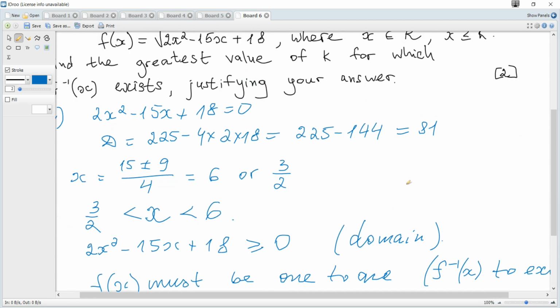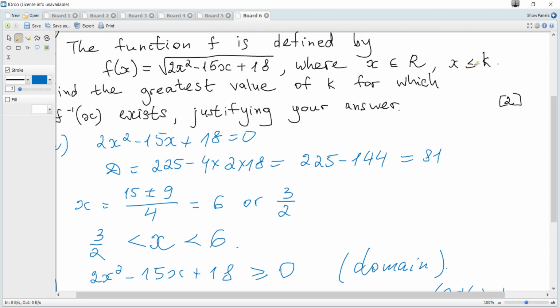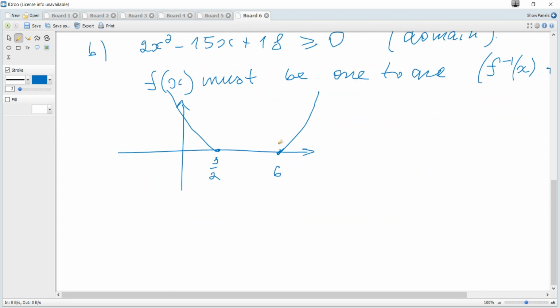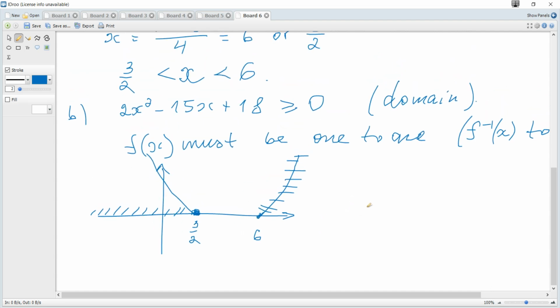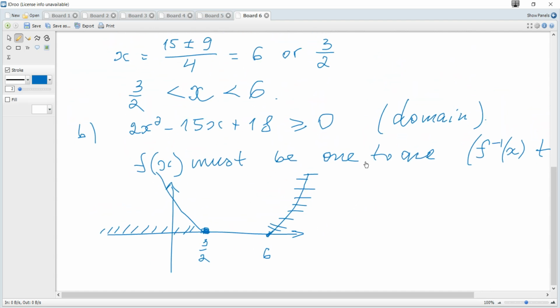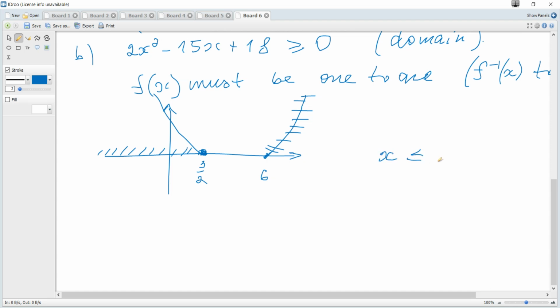You can see x needs to be less than or equal to k, so we just consider this part from 3 over 2 to the left, and you can see that the function is always decreasing, and it's 1 to 1, and hence the inverse exists. So x is less than or equal to 3 over 2, so k is 3 over 2.